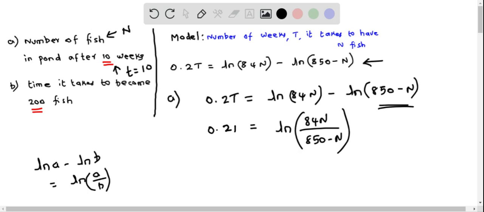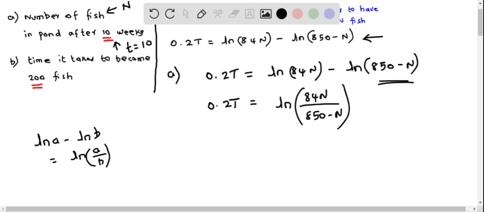I have this 0.2t over here. Now I'm going to take e on both sides, that is, I'm going to raise both sides to the exponent e. So I write e raised to the power of 0.2t, and this equals e raised to the power of the natural log of 84n over 850 minus n.